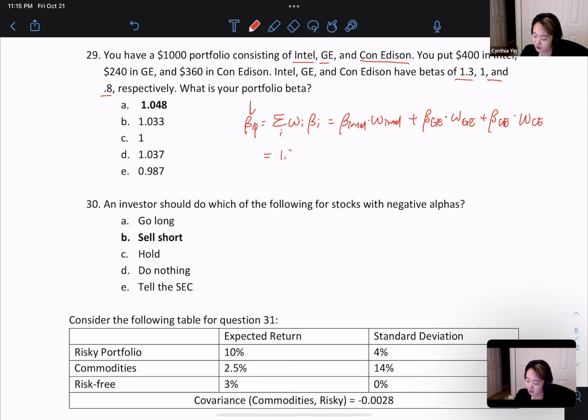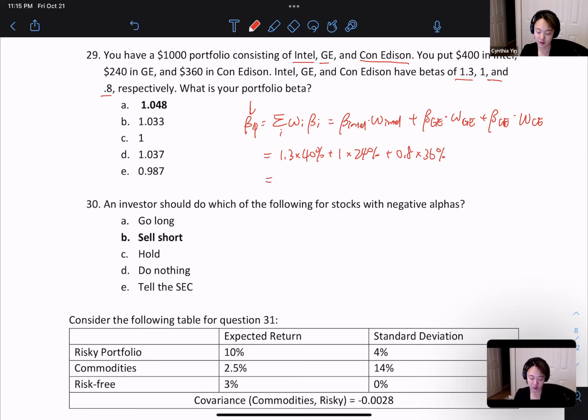Well, they are 1.7 times 40% plus 1 times 24% plus 0.8 times 36%.